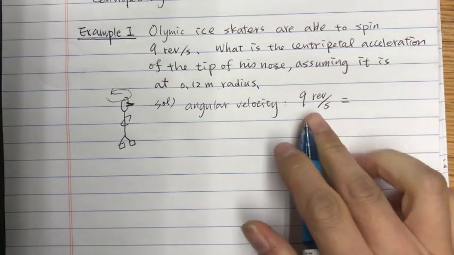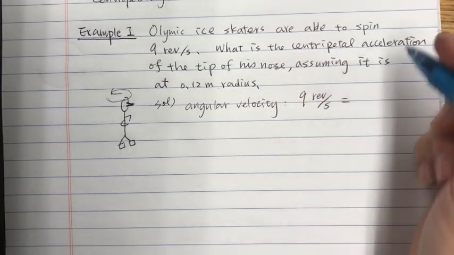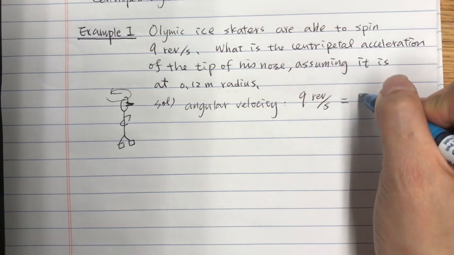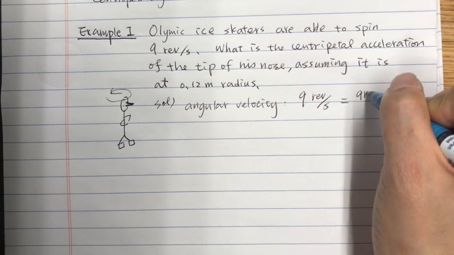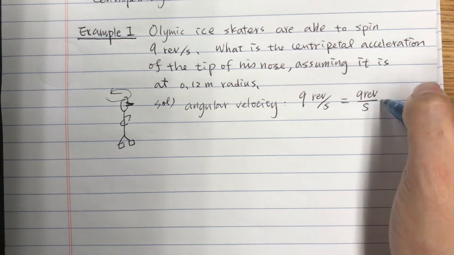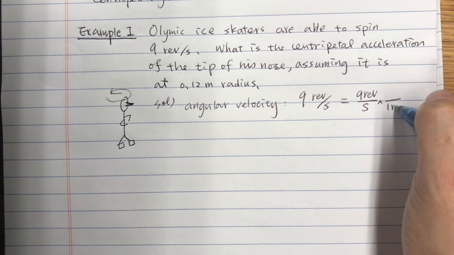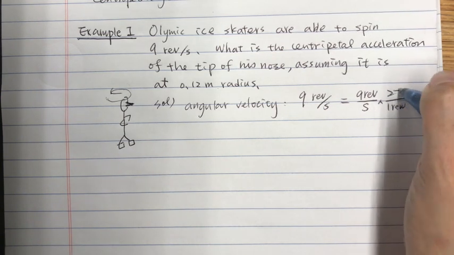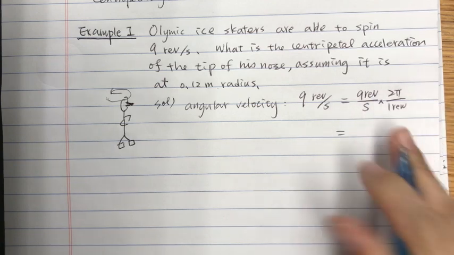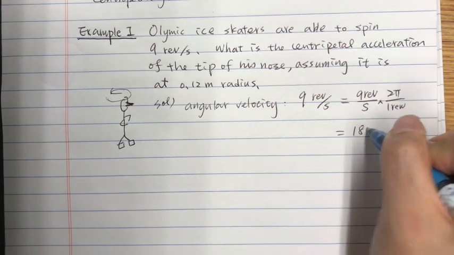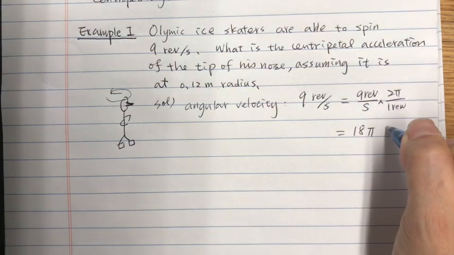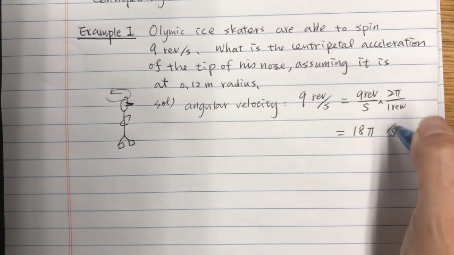Okay, now I want to convert it to SI units. One revolution is 2 pi radians, and a second is a second. So now I have 18 pi radians per second.